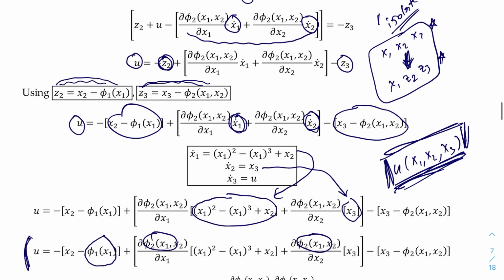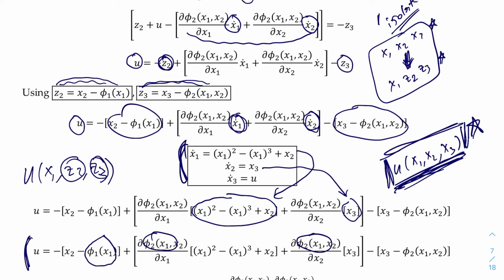For example, if you have this original system and someone gives you u as a function of x1, z2, and z3, you're like, hey, what is z2, what is z3? I want my control law.